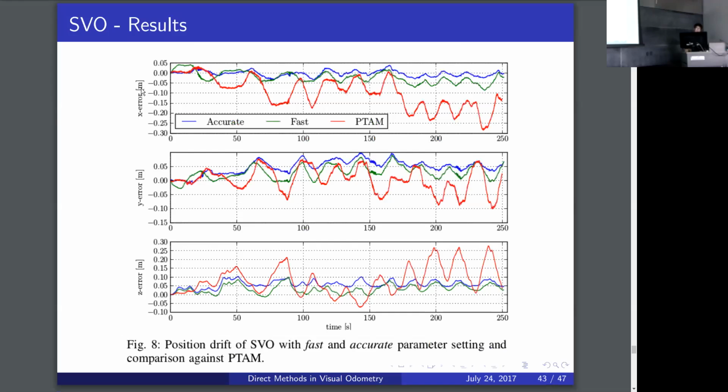So it's X, Y, and Z, and the plot tends towards 0. So in terms of fast and accurate parameters of SVO, it's very close to 0.